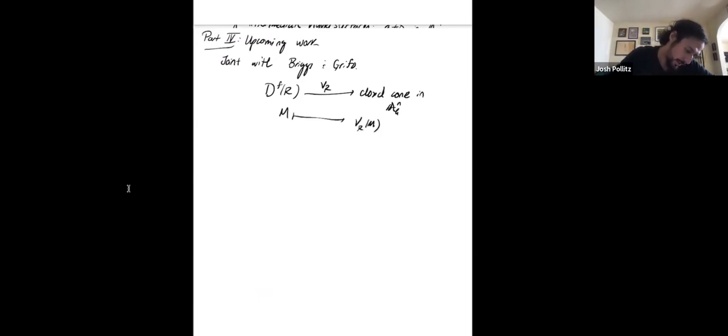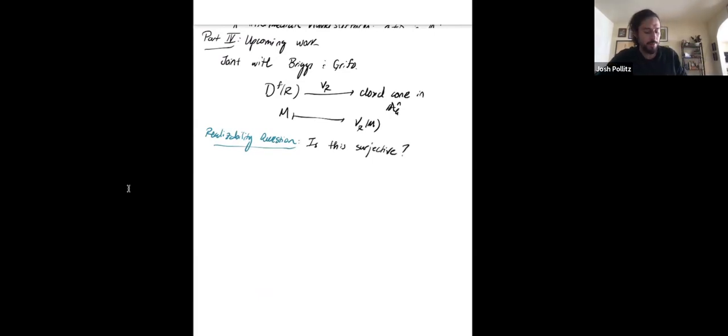And there's a question, something called the realizability question, which asks, is this assignment surjective? So what types of cohomological support varieties can you get? Are there any restrictions, maybe based on ring theoretic properties?